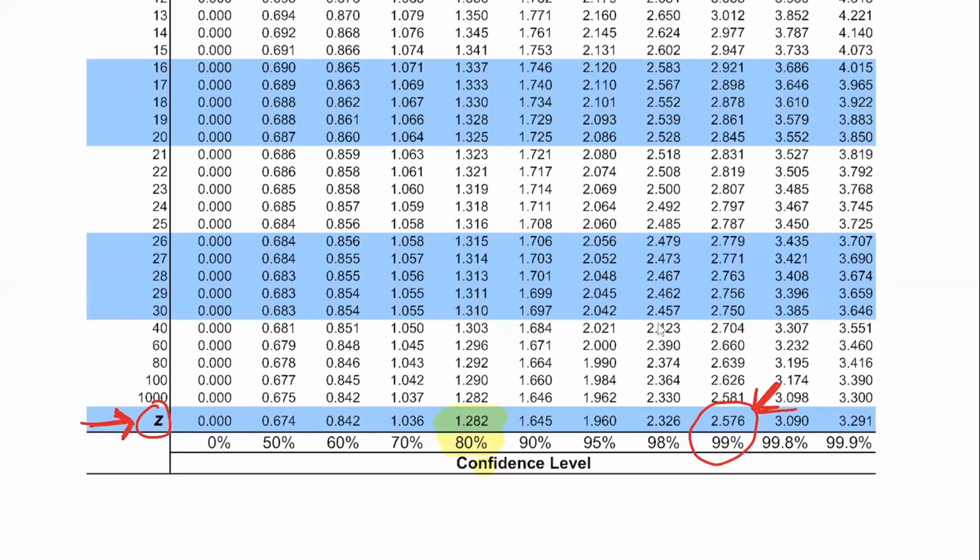So you get 2.576 because that's right above the 99% confidence level. So that's the value we're going to use for Z. So we're going to use Z alpha divided by 2 is equal to 2.576. Any questions so far on how we found 2.576?